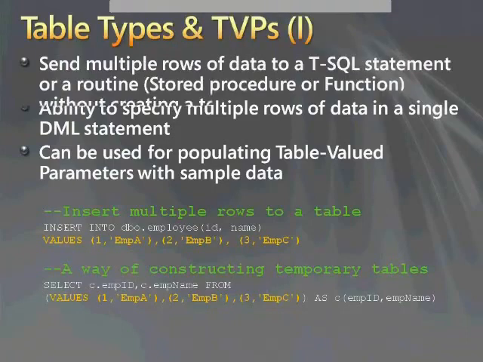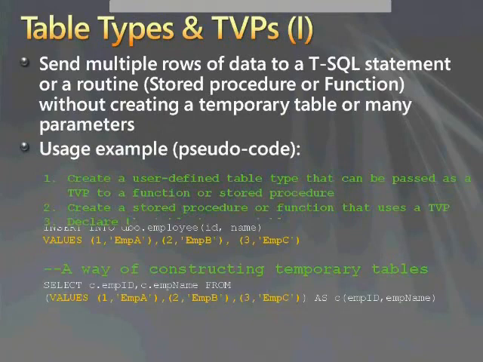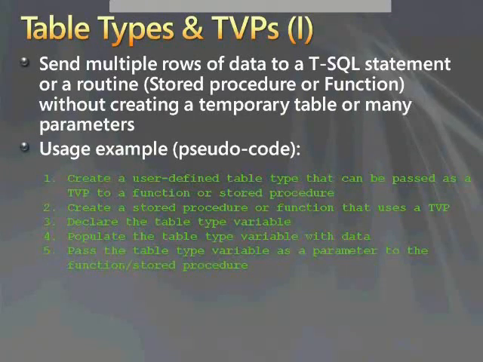Table types and TVPs allow sending multiple rows of data to a T-SQL statement or a routine. This is usually a stored procedure or function, without creating a temporary table or many parameters. A usage example in pseudocode is what we see on the screen right now, having 5 steps.